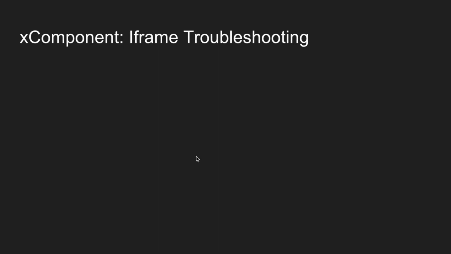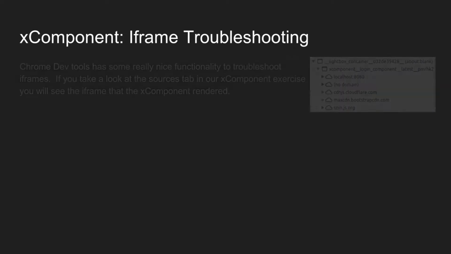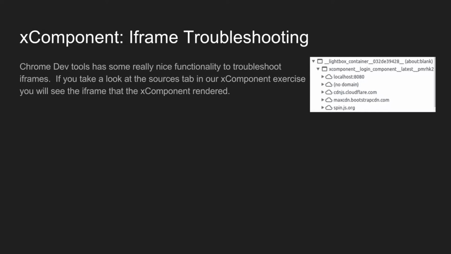All right, so now we're going to do a little iframe troubleshooting. All right, so Chrome DevTools has some really nice functionality to troubleshoot iframes. So if you take a look at the Sources tab on our xComponent exercise, you're going to see the iframe that the xComponent rendered.